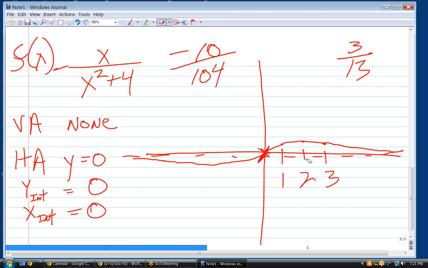Now, an interesting question here would be, where's the peak? Where's the upper bound here? They didn't ask that on this, did they? No. I think we would need calculus to calculate that. Yeah, I'd have to take the derivative of that, set that equal to 0 to know where that point is coming from.